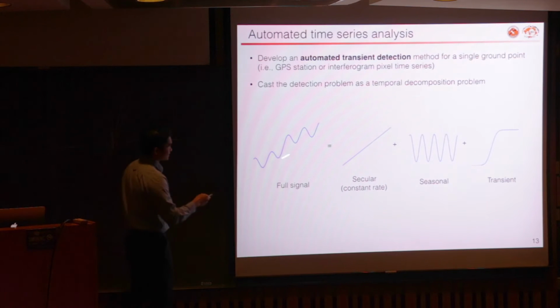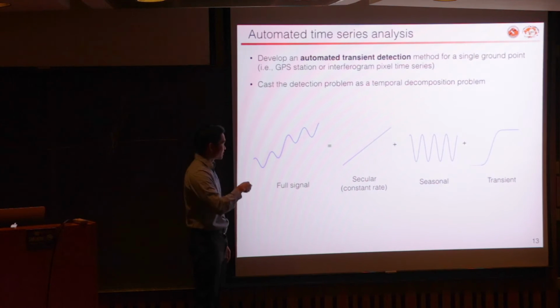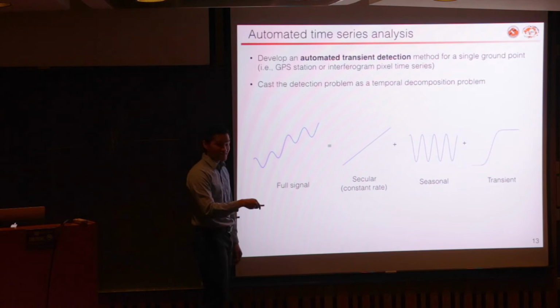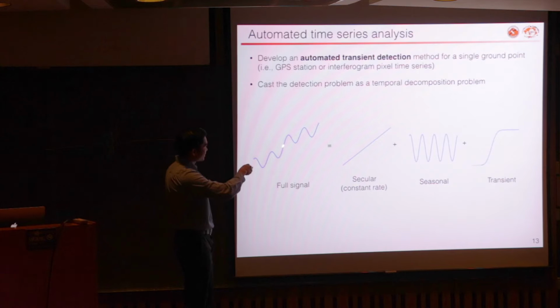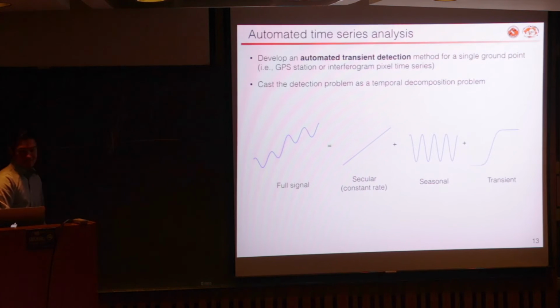To illustrate that, let's say we have this full signal here as we observe. We can break it down into a secular component, a steady term that could be due to something like plate motion. We have seasonal effects, as we can see here. And then also we can have any number of transient effects. In this case, you can see an acceleration of the data right around the middle, which would correspond to this transient event.